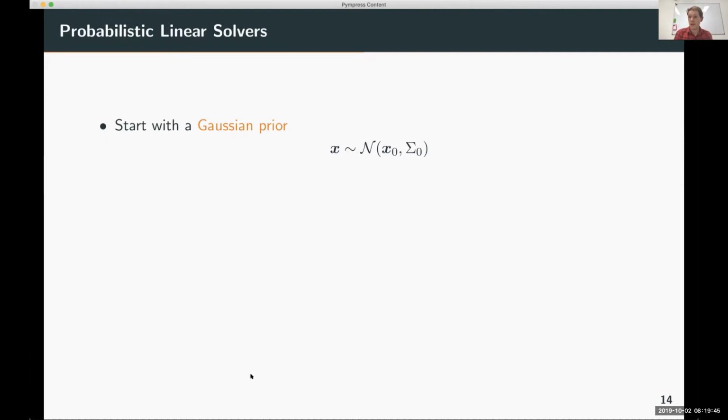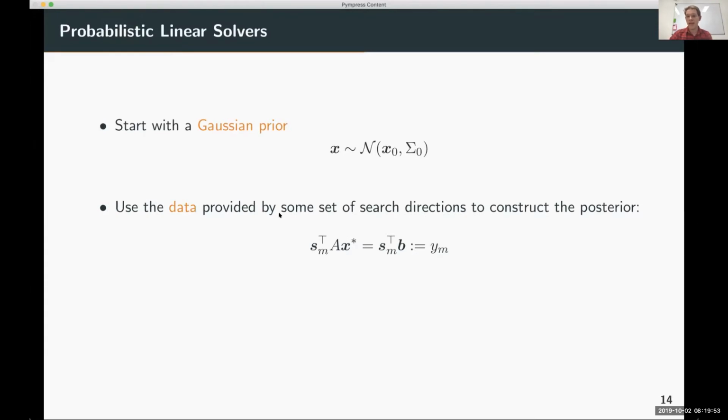So we need a Gaussian prior, which is what we have here. So X is assumed to be a priori Gaussian with mean X0 and covariance Sigma 0. And then we're going to use data provided by some set of search directions, which crucially are not assumed at the moment to be the same as the CG search directions. This is just some arbitrary set of linearly independent vectors in d dimensions. And we'll use them to produce the posterior.